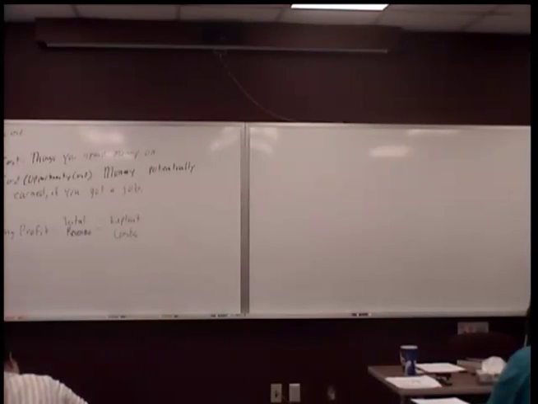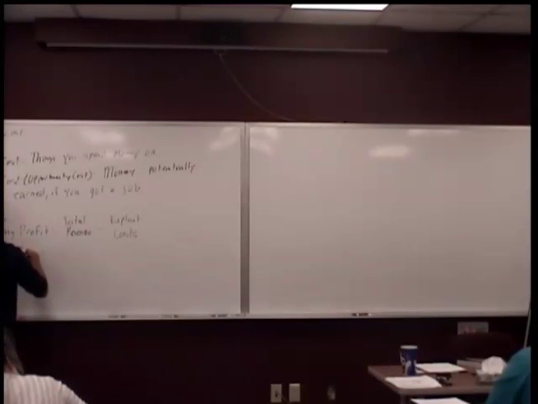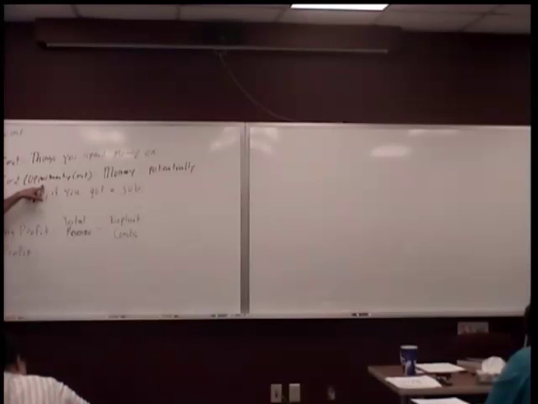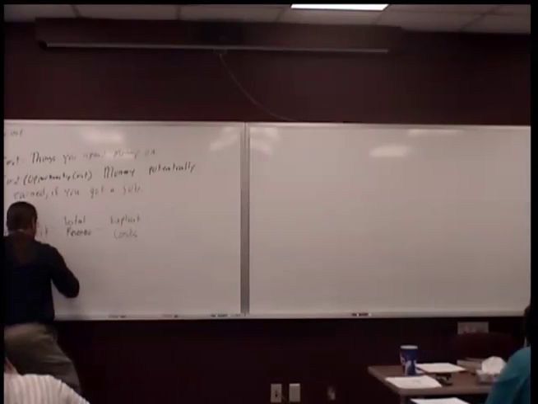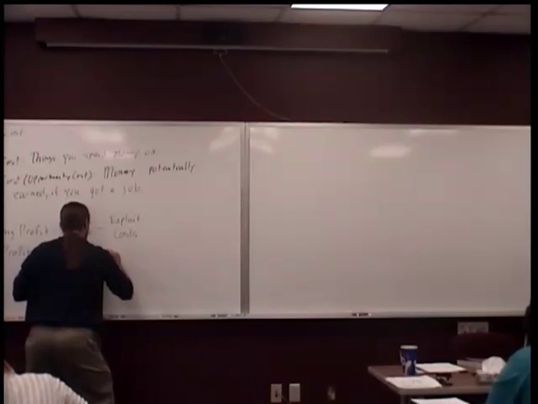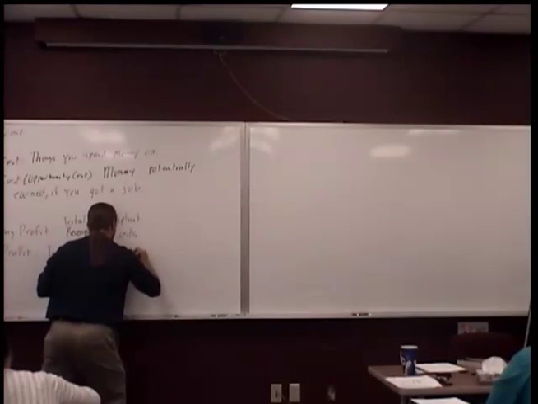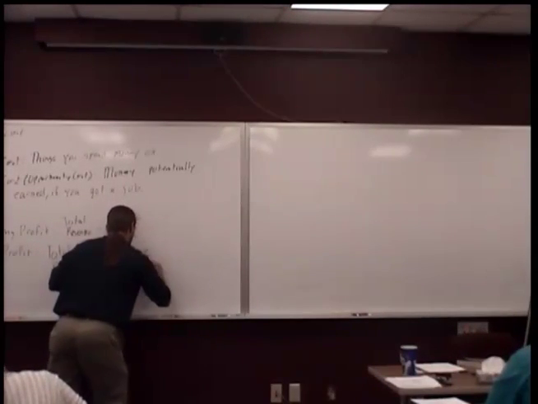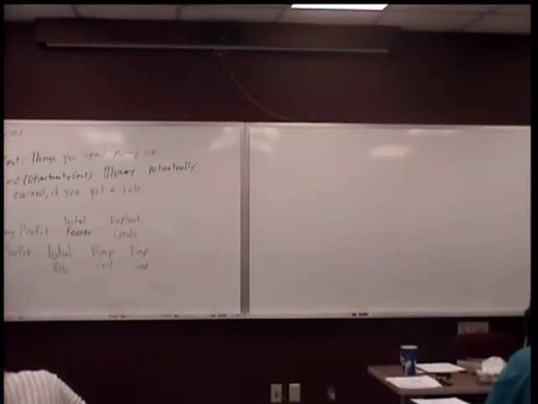That's accounting profit. Economic profit, on the other hand, is all about opportunity costs. So we need to include our opportunity cost. To determine if we're making an economic profit, we do the same thing. We just include our implicit costs as well, okay?